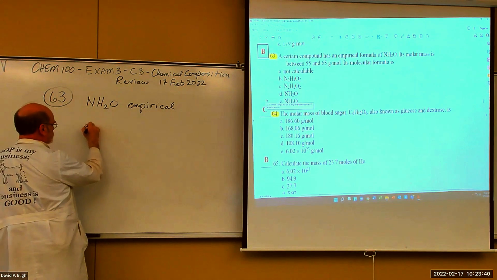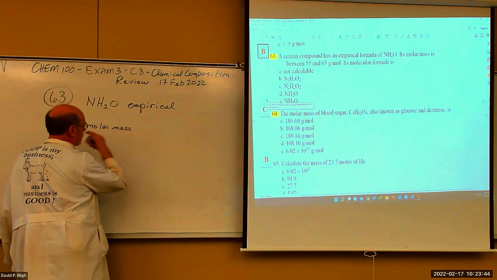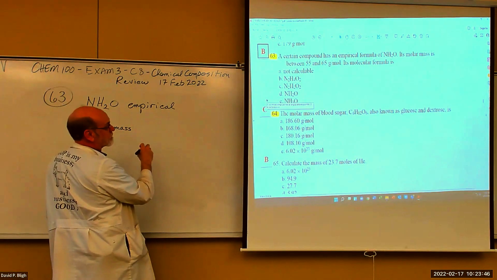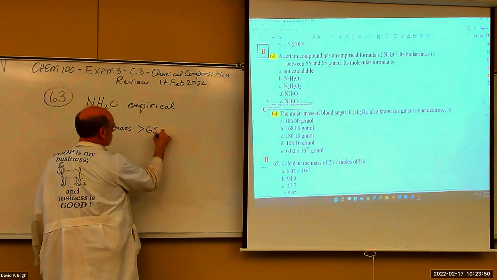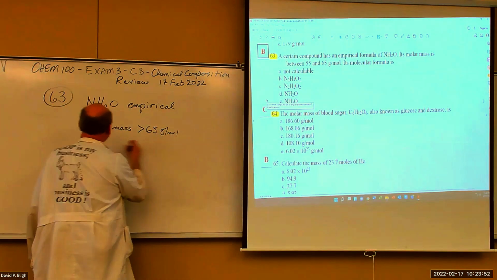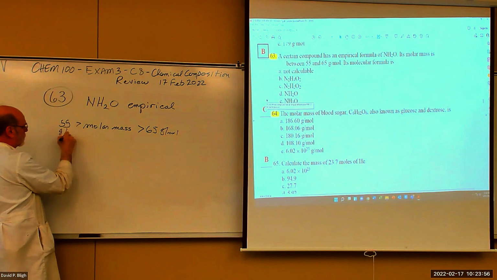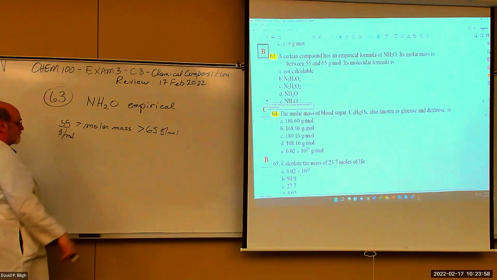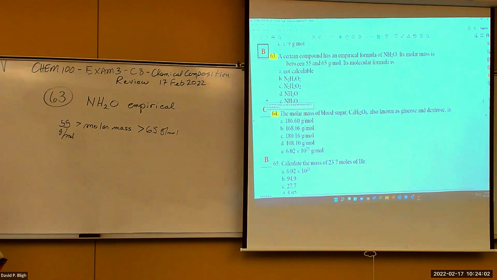So the molar mass is less than 65 grams per mole, greater than 55. So somewhere in between. They want to know what is the molecular formula.